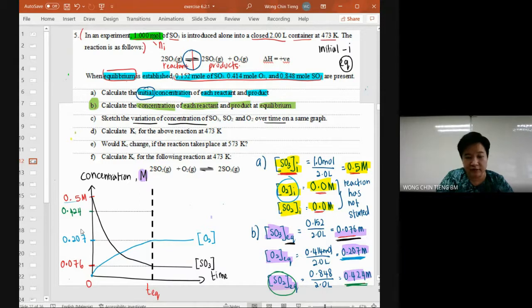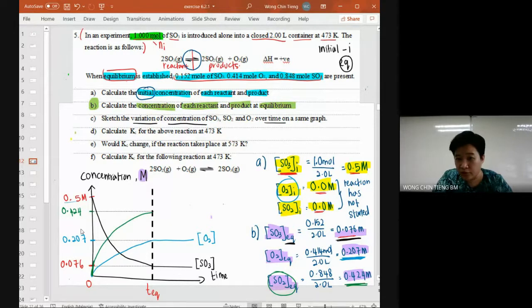Daripada 0, sayang tengok sat. Sorry, tengok sat. Untuk your SO2, sebab SO2 jauh lebih tinggi berbanding oksigen. So, bila kamu dua-dua bermula kat 0, sayang, SO2 kena duduk di atas oksigen. Nampak hijau saya? Alright, bila kamu mula hijau, kamu kena duduk di atas oksigen. Jangan duduk di bawah oksigen dan naik.